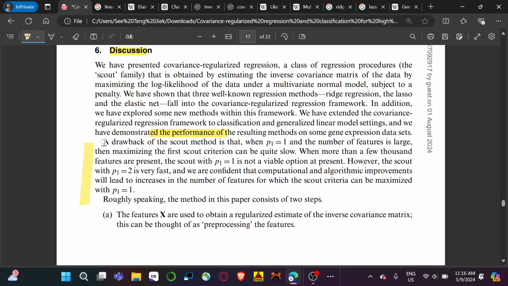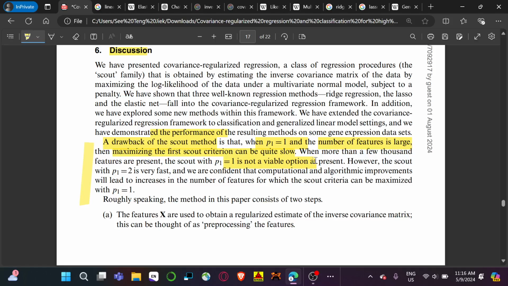Okay, now this is interesting right here. They talk about the drawback of their approach. The problem with Scout is that when p1 equals 1, and the number of features is large, maximizing the first Scout criterion can be slow. So there is some heavy computational cost right here. When more than a few thousand features are present, Scout with p1 equals 1 is not a viable option, right?